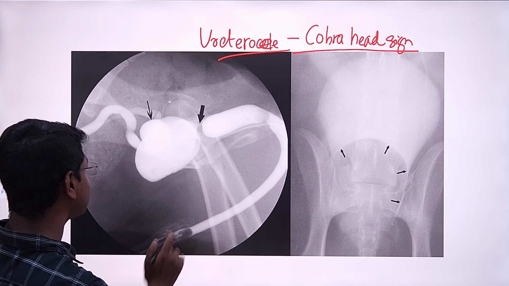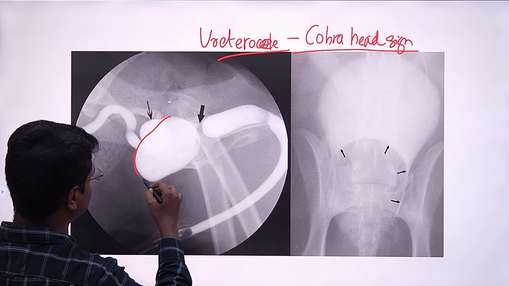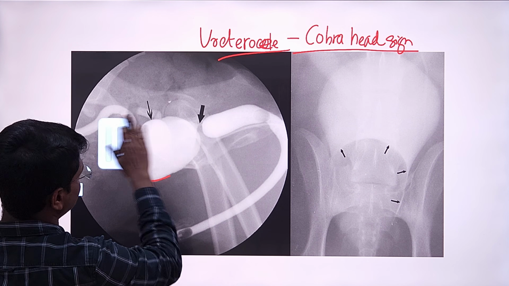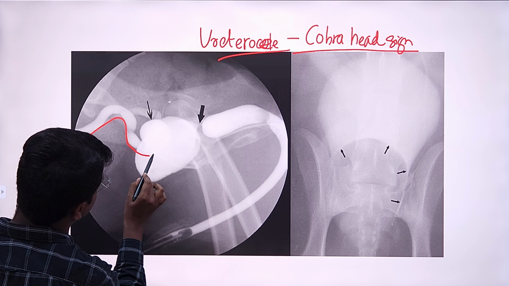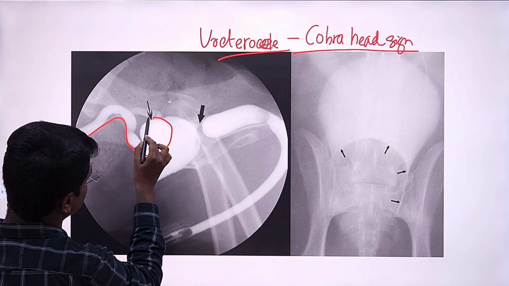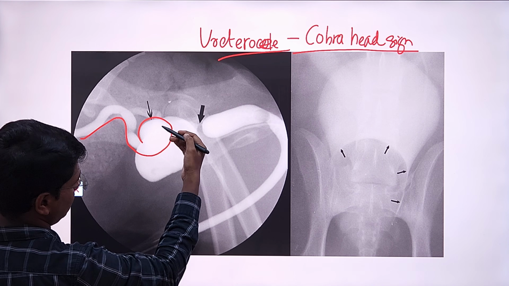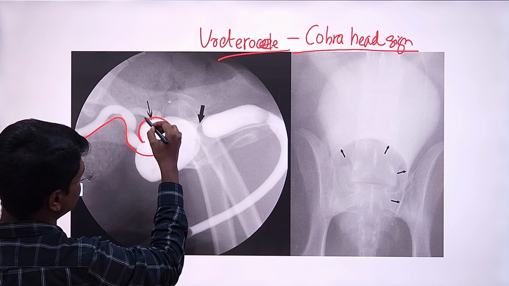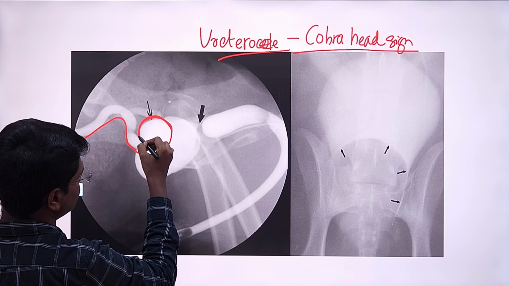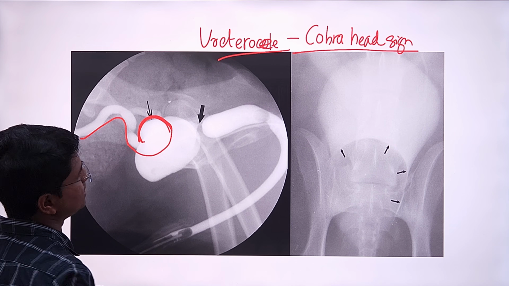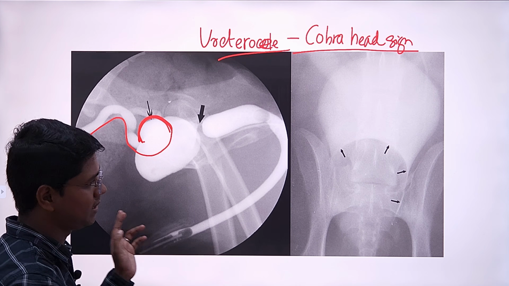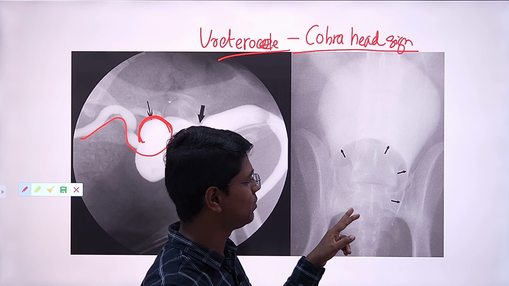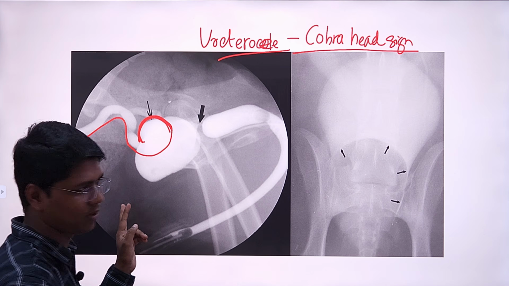So here this is the bladder. See here, the ureter is coming like this, and before entering into the bladder, you can see there is a bulge. This is a convex bulge. This is the feature of the ureterocele. This is excretory urography.